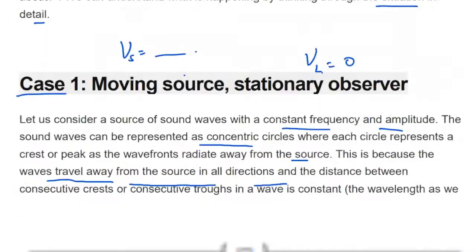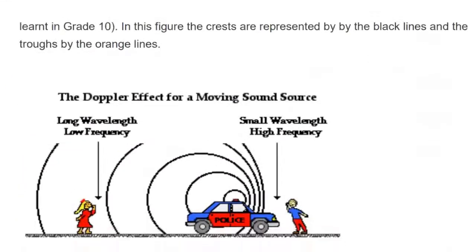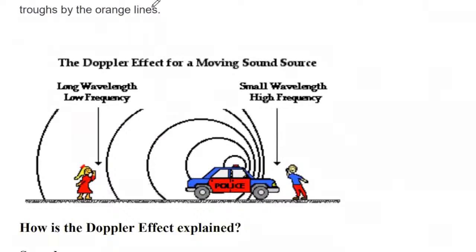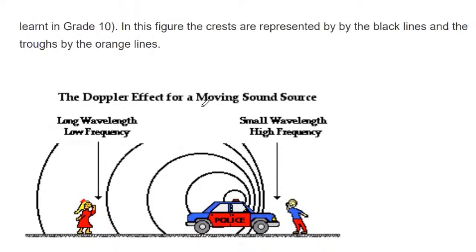On the next page, they're telling us that we learned this in grade 10, and in the figure the crests are represented by the black lines and the troughs by the orange lines. But there were no colors there. So, Doppler effect for a moving source.